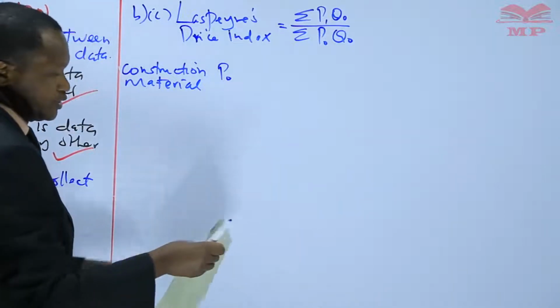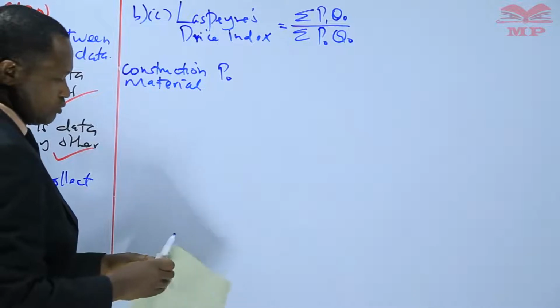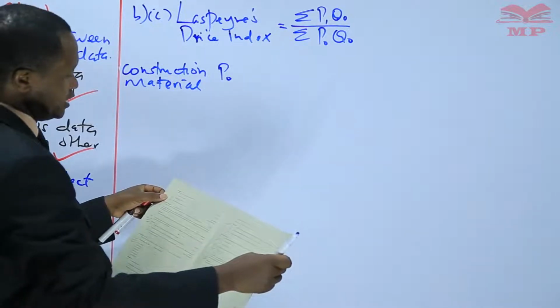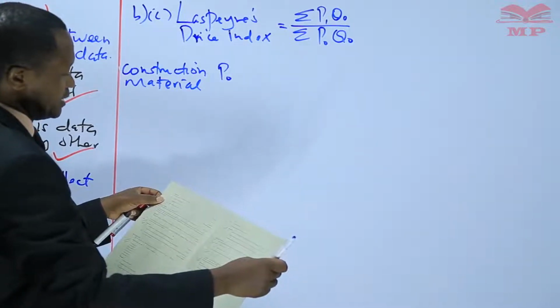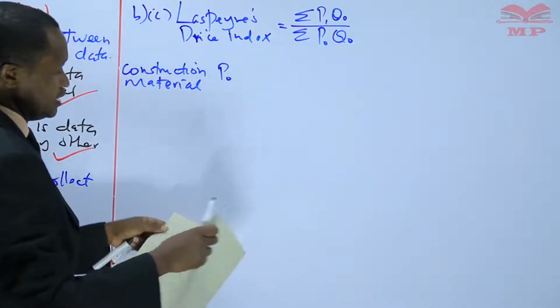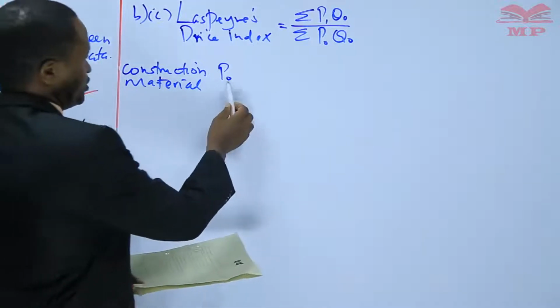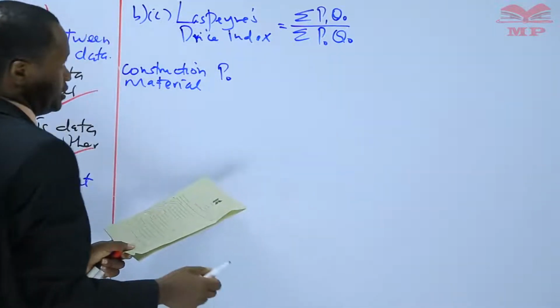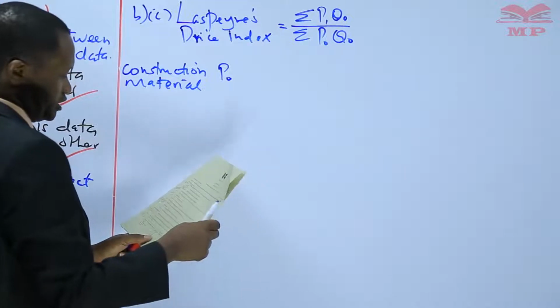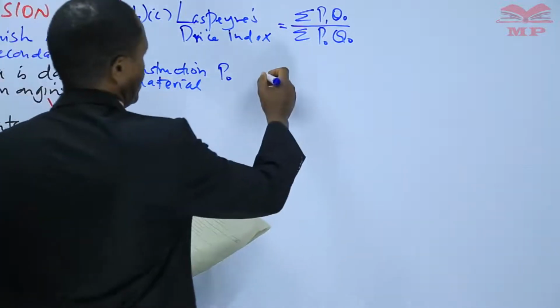We read from the question that we need to compute using the year 2017 as the base year, so the prices for 2017 will be represented by P0, and the quantities for 2017 by Q0.